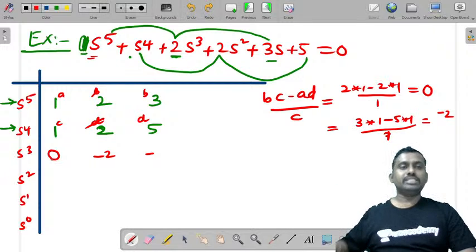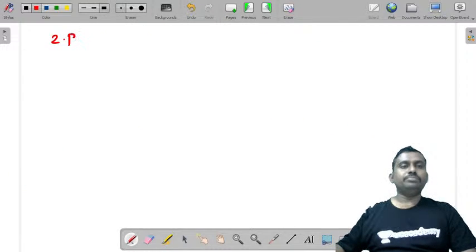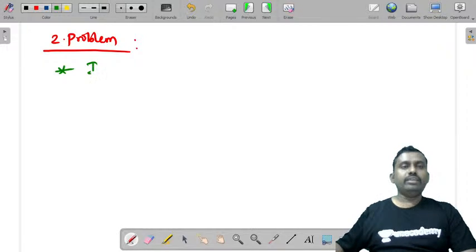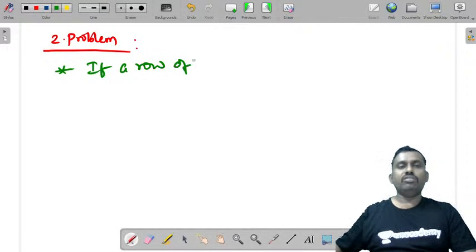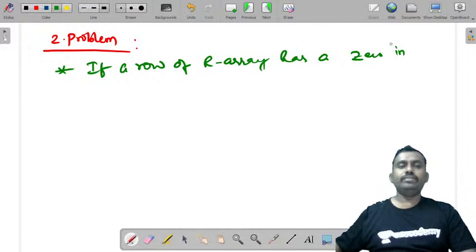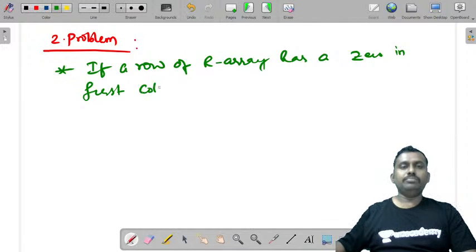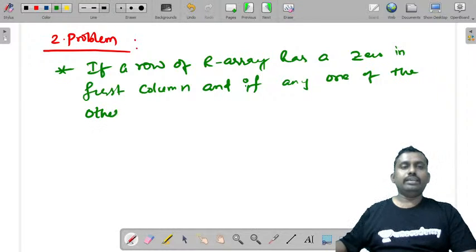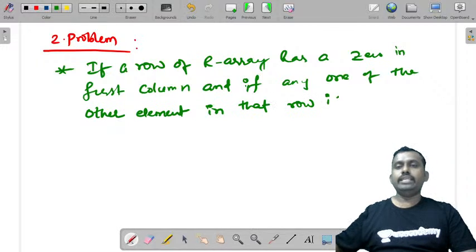Now, whenever you come across such a situation, this is the second problem that we come across while filling the Routh array. The problem is, if a row of the Routh array has a 0 in the first column, and if any one of the other elements in that row is a non-zero, that is what we have come across.